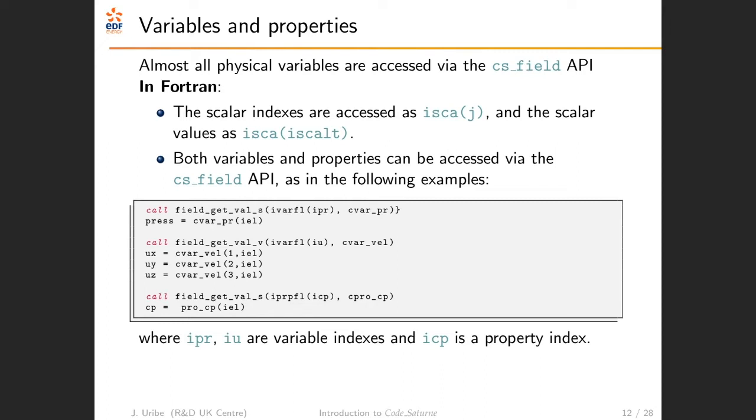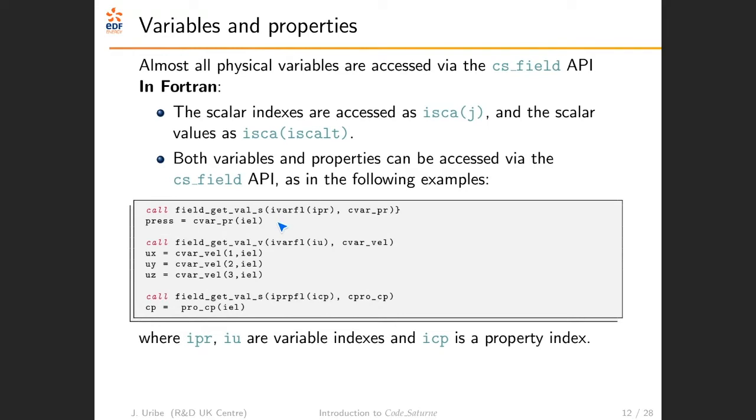And it works by calling different functions that allow you to get things from that field. So in this example, this function field_get_val_s means get the value of a scalar. S is for a scalar and V for a vector. And what you're going to do is put this pointer to access the value of the cell.